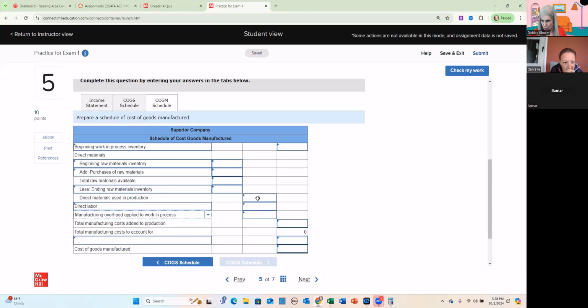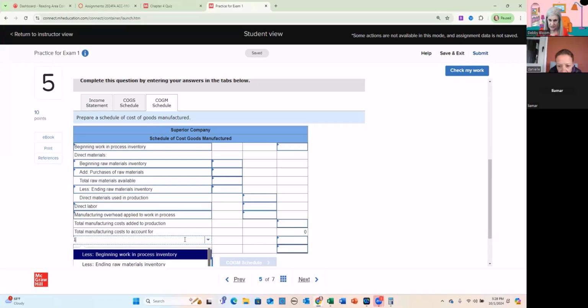When you take your direct materials used in production, your direct labor, and your manufacturing overhead applied to work in process, that adds to the total manufacturing costs added to production. When you add that number to beginning work in process, you get total manufacturing cost to account for.